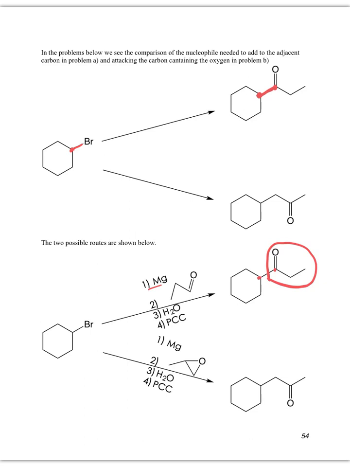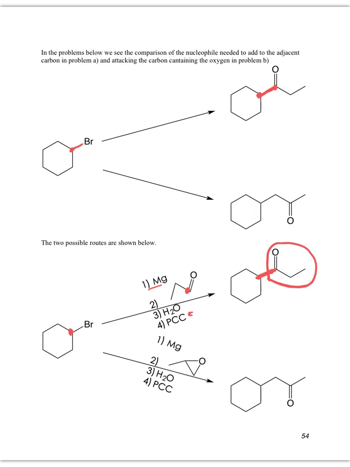And then after we add acid to it to make the alcohol, we add PCC, because we want to oxidize it up to the ketone. In that sense, we're forming this bond here that's connected between the carbon that was the Grignard and the carbon of the carbonyl that we added it to.